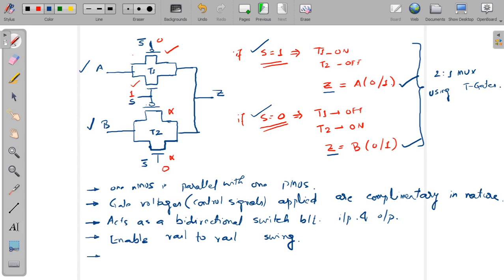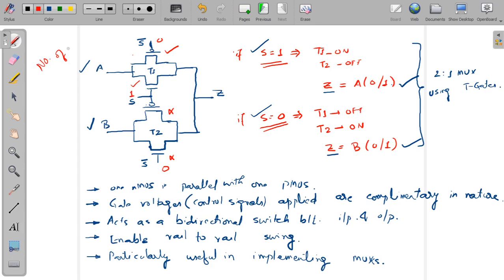Okay, so this is one very popular application of transmission gate, that it is particularly useful in implementing multiplexers.